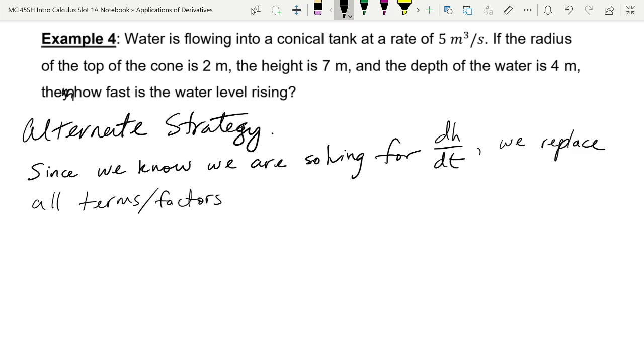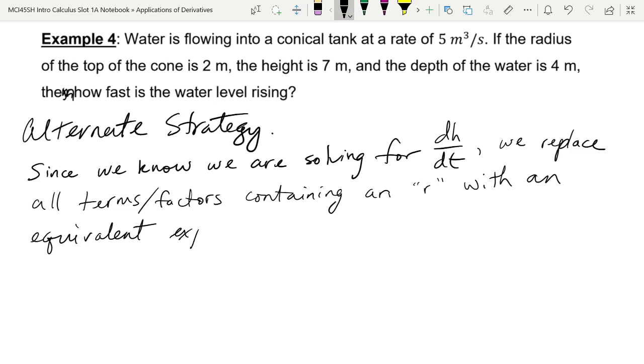You replace all terms and factors containing an R with an equivalent expression in H. Then apply calculus.